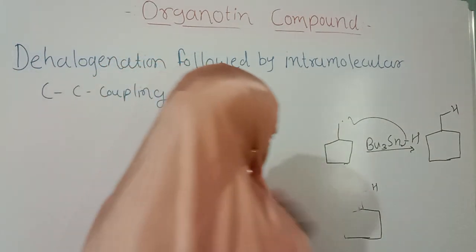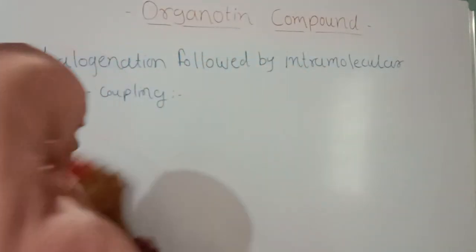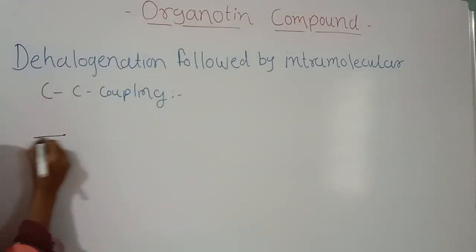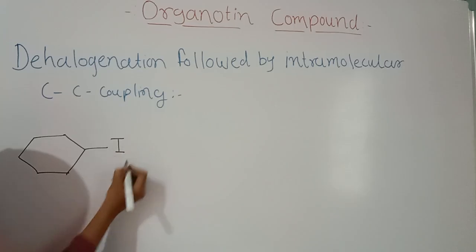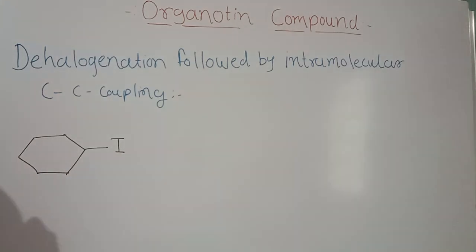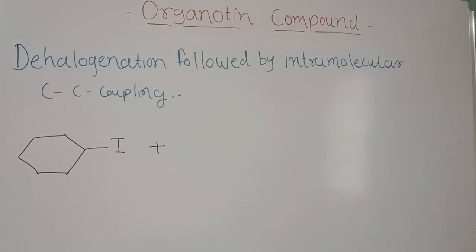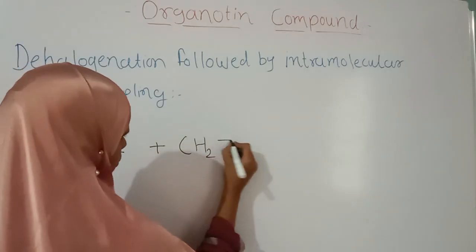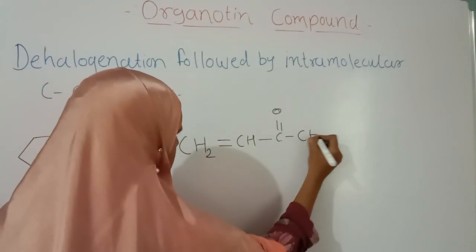We discuss another example for carbon-carbon coupling. It is a very easy free radical mechanism. Here, this is an alkyl radical, a cyclic alkyl radical, treated with CH2 double bond CH CO CH3.